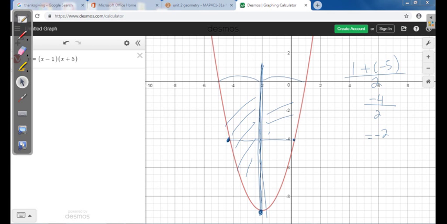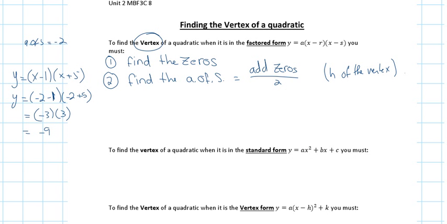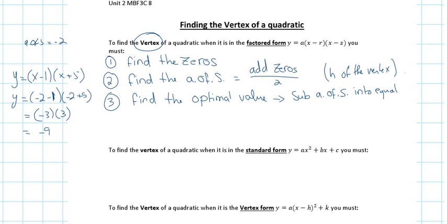So after you find your axis of symmetry, you plug it into your equation to find the optimal value. When you do that, you're finding the K of the vertex.